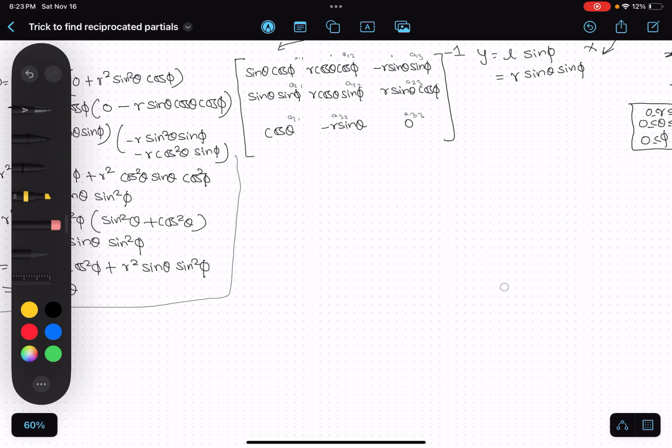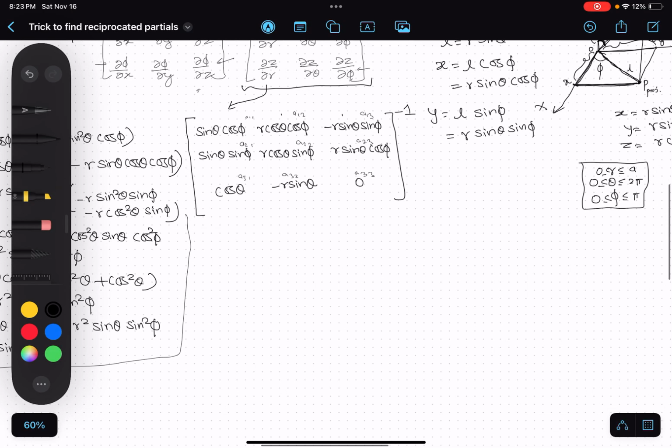Okay. So if I do it directly, first of all, for this cofactor there will be a positive sign times the determinant of these four elements, which I already told you is just r square sine square theta cos phi, right? And then for this element, I will just ignore this row and this column, and take the determinant of all the remaining ones.